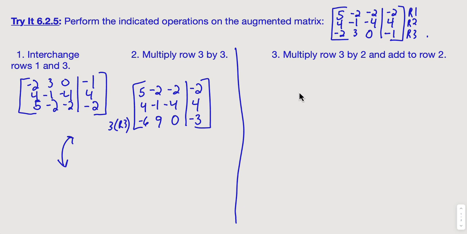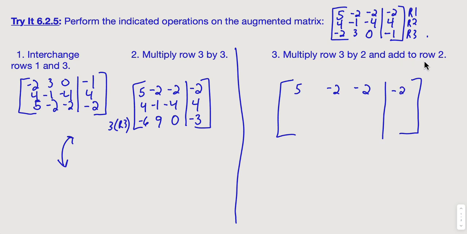So let's make this a little bigger so we can do our actual operations. The first row is going to remain the same. It's going to be 5, -2, -2, -2.